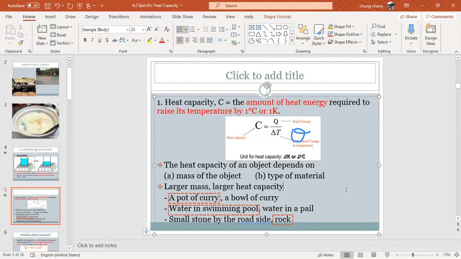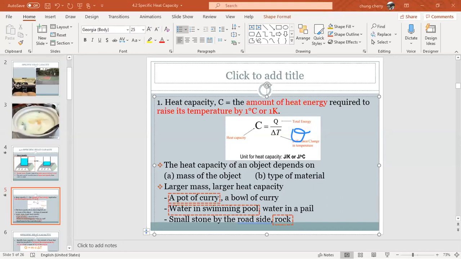Yes, aluminium heats up faster than plastic.